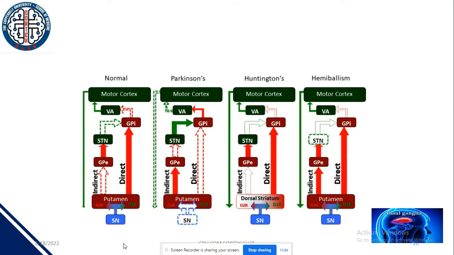Then we also have hemiparesis, where, as we said in the previous slides, if the defect involves the subthalamic nucleus, we're going to have hemiparesis. But we are going to look at the mechanism by which this disease comes about in the next slides.